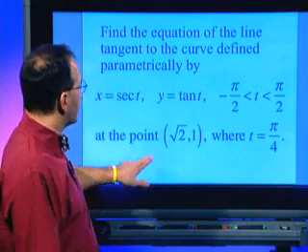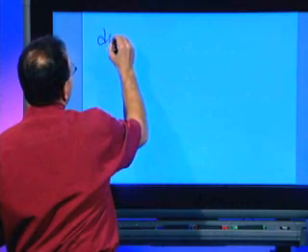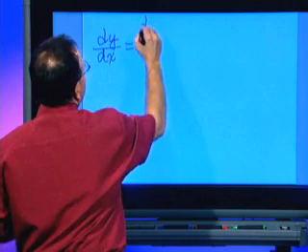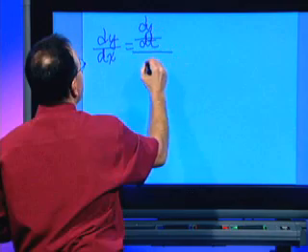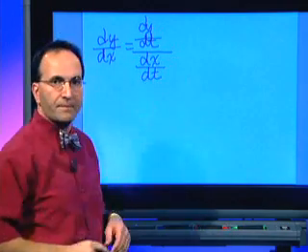So let's get a clean blank screen, and what we're looking for is dy dx, which is going to be dy dt divided by dx dt.